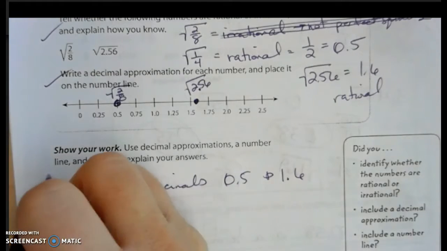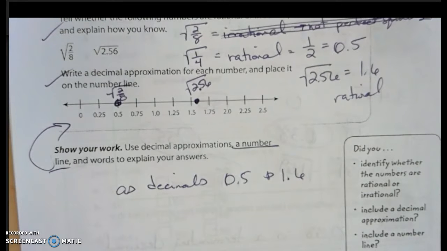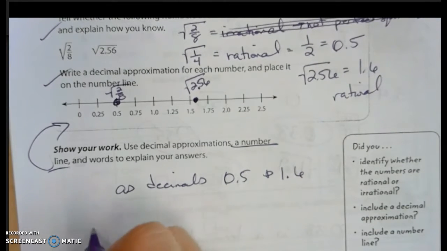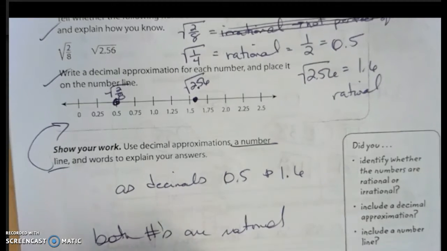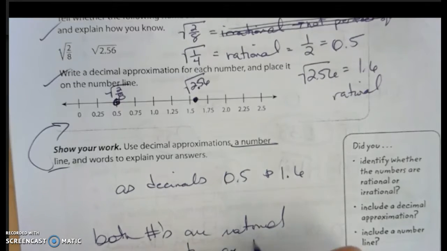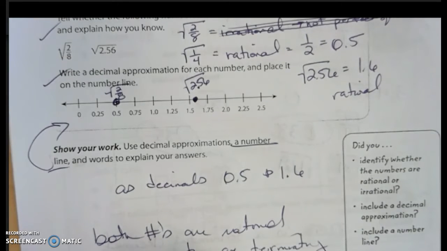And the number line, we put it on up here. And then using words to explain our answer, both numbers are rational because they are terminating decimals.